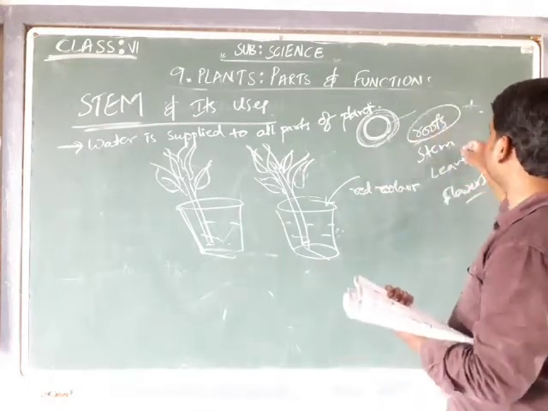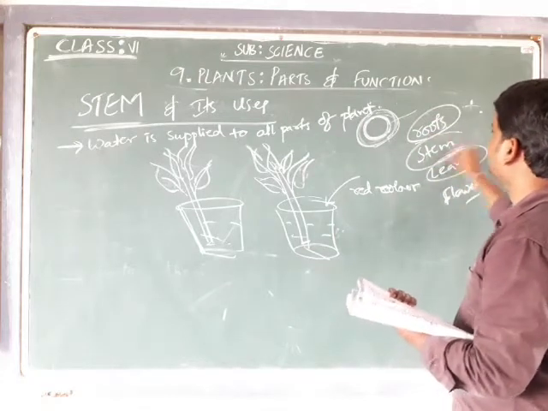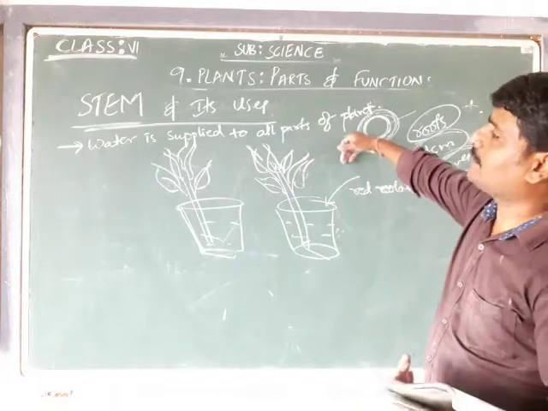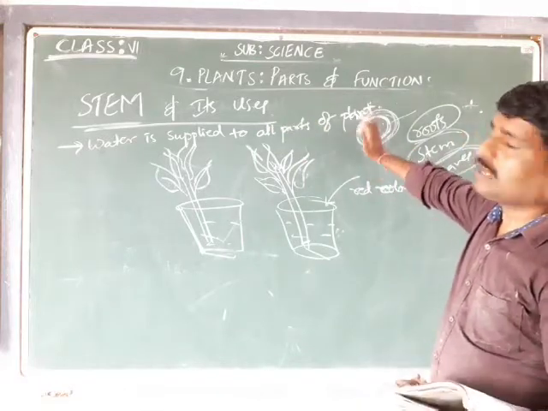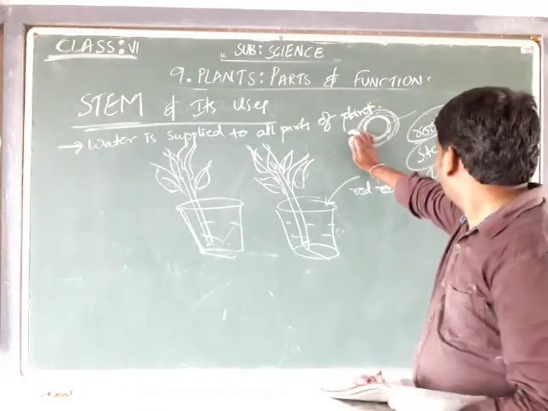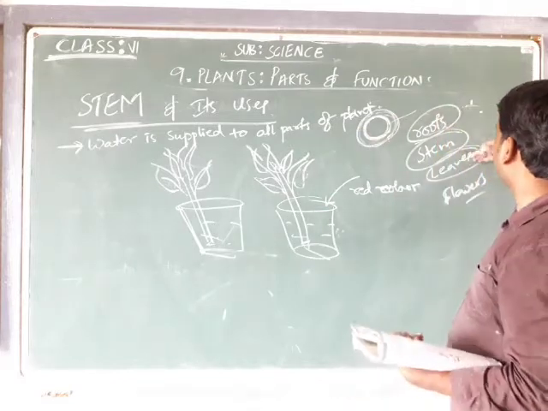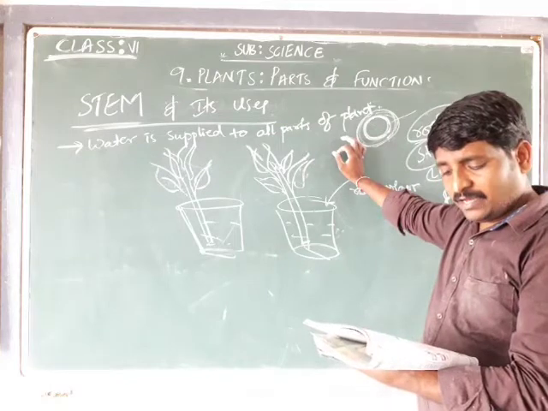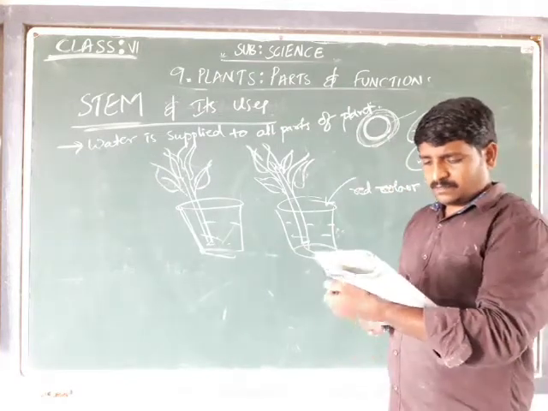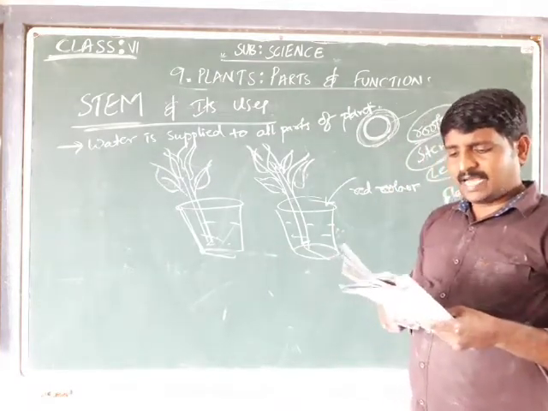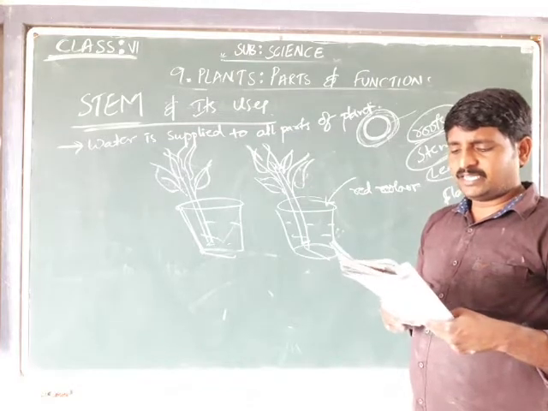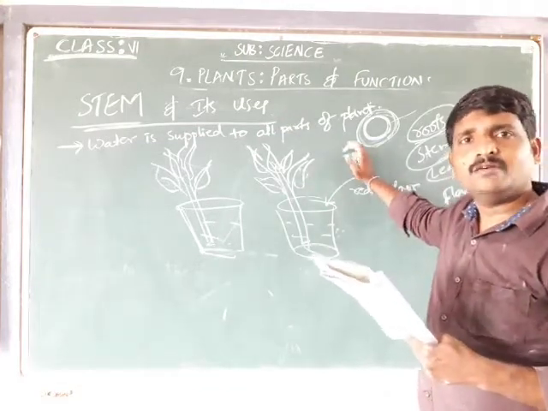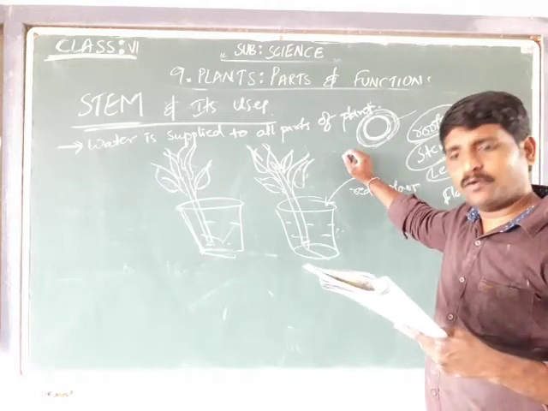Root has some function, leaves have some function, and the stem carries and supplies water to all parts of the plant. Every part does some function which is essential for the whole plant.